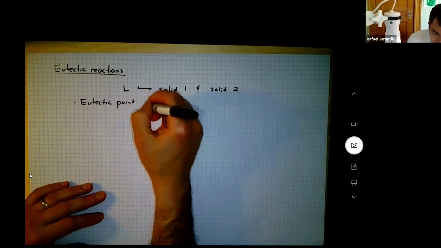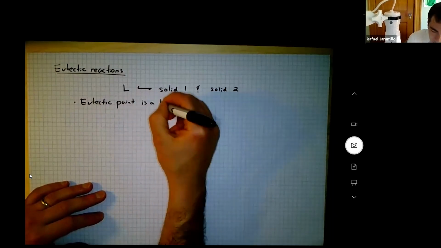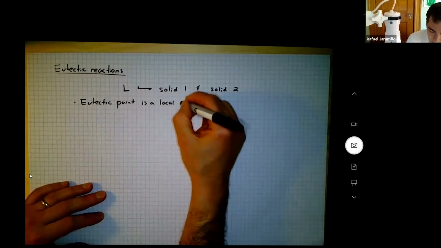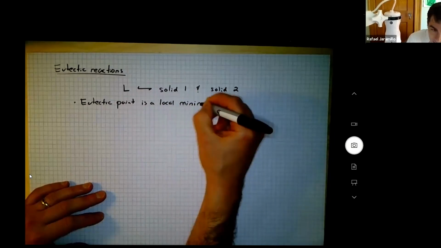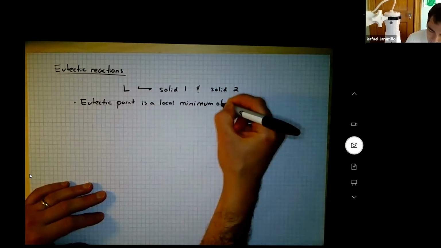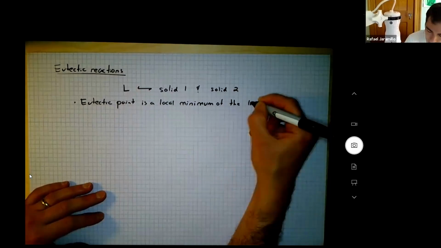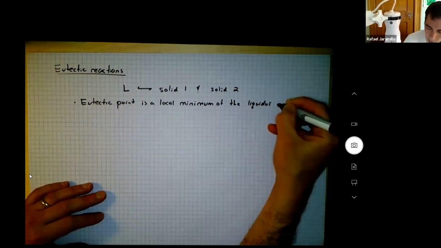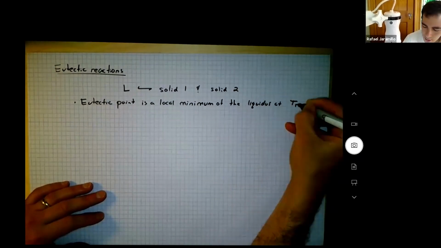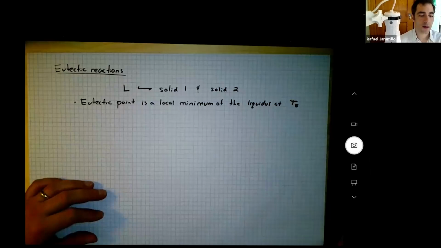The eutectic point is a local minimum of the liquidus at temperature T eutectic. Do folks know what the liquidus is? I haven't defined that yet.